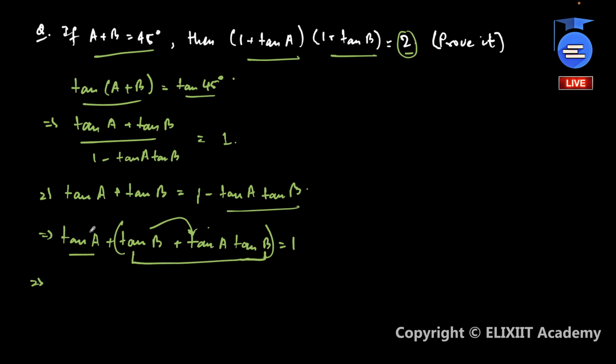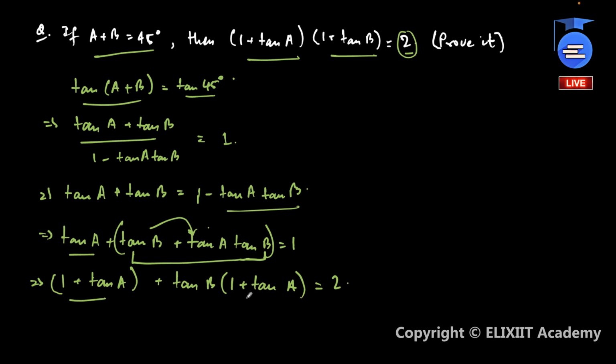Similarly, to bring out 1 plus tan A, if I add 1 on both sides, this becomes 1 plus tan A. And from here we are taking out tan B common, so here we are getting 1 plus tan A. The right hand side also gives 2.